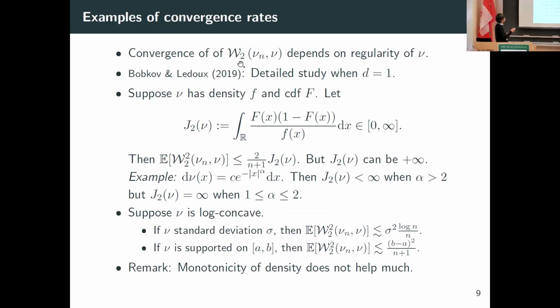This is a very classical topic, and a lot of research focuses on the high-dimensional case, which is important. But even in the one-dimensional case, there are a lot of things we can say. Here I'm citing a few results from this book, which is pretty recent. Suppose the true distribution has a density f and the CDF is F. You define this particular constant J_2, defined this way. This constant is non-negative, but can be infinite.